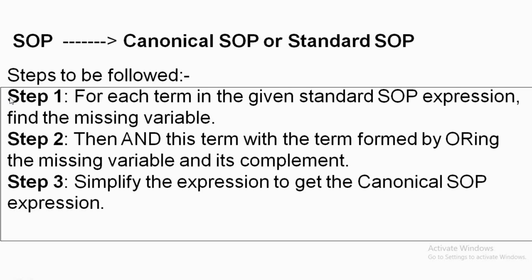Then second step, AND this term with the term formed by ORing the missing variable and its complement. And third step, simplify the expression to get the canonical SOP expression. This concept will be clearer after solving the example.